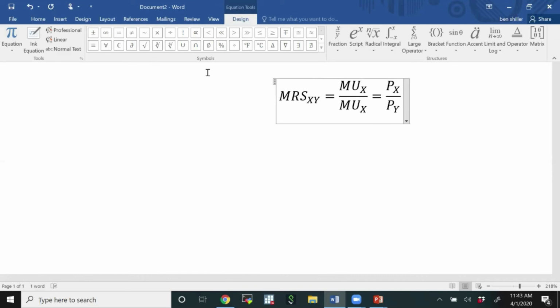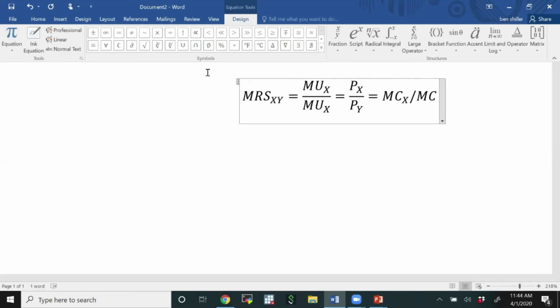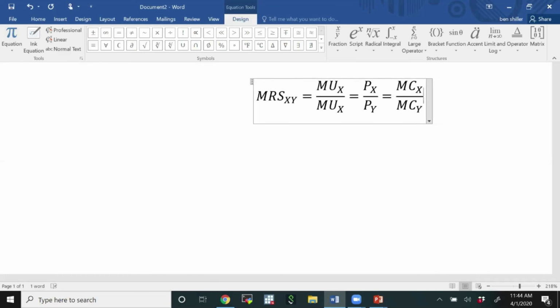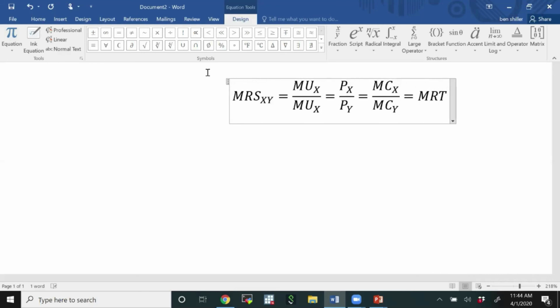Okay, now, if the market is perfectly competitive, then price is equal to marginal cost. Hence, in that case, if the markets are competitive for good X and for good Y, then the ratio of prices is equal to the ratio of marginal costs, which, remember, is equal to the marginal rate of transformation of X for Y.